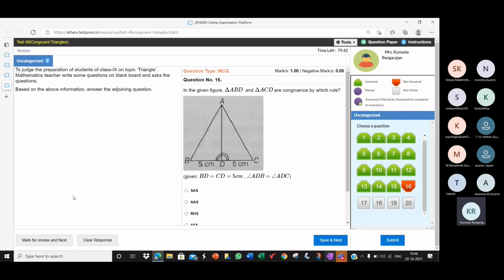Yes, please read the next direction. Ma'am, it is congruent by SAS congruency.